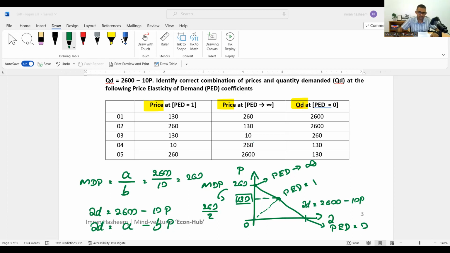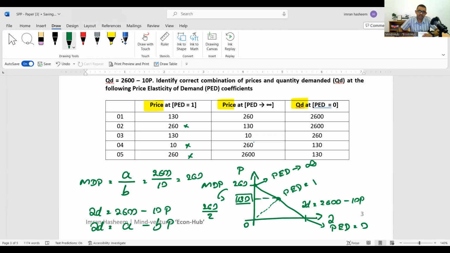Any questions on how we got 130? So how many answers say 130? For the first one, 2 answers. Others can be eliminated. They can't be correct. Only these 2 remain, answer 1 or 3.